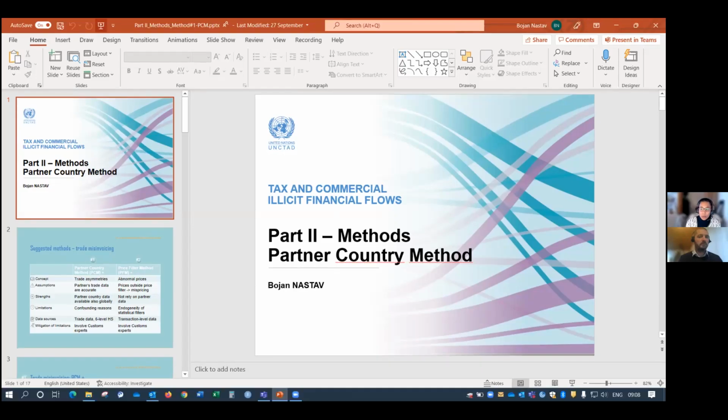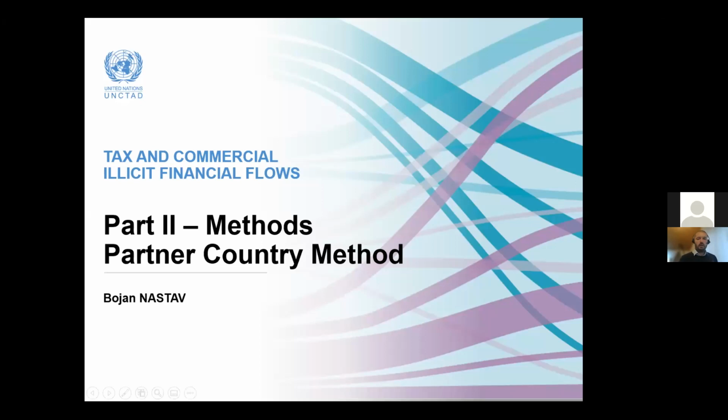So today we will be looking into the methods on the trade misinvoicing in the tax and commercial illicit financial flows category. Trade misinvoicing has been identified in many studies as being one of the main types or channels for flows of illicit financial flows.